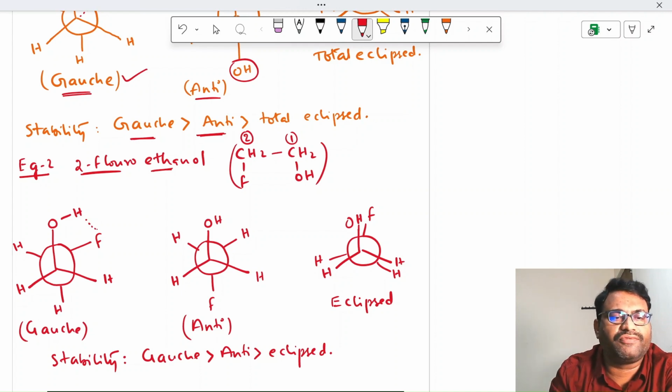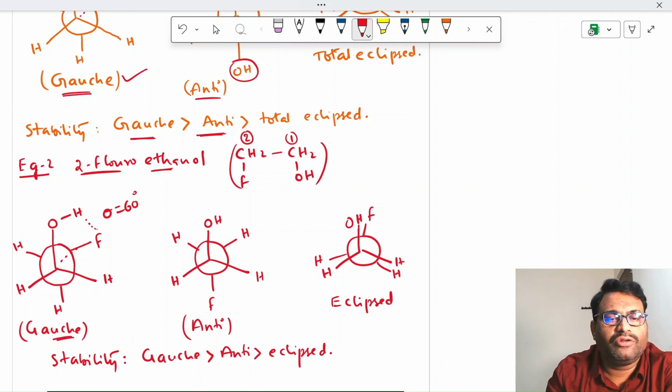This hydrogen bonding is formed between hydrogen of OH and fluorine attached to another carbon atom, and this is happening only when the angle is 60 degrees. Theta is equal to 60. In gauche form, this intramolecular hydrogen bonding is happening. So gauche form is more stable than anti.